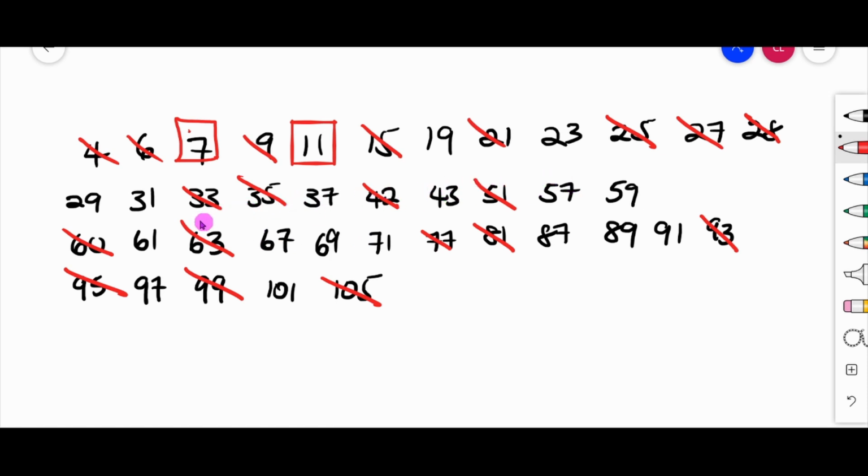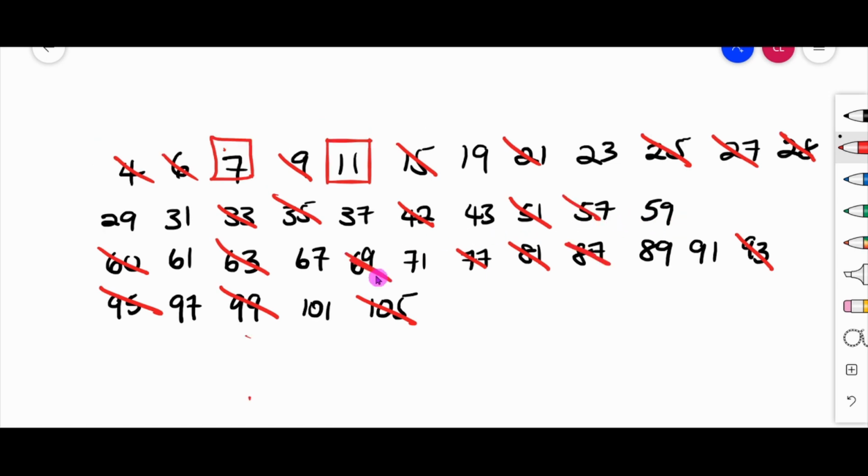Keep the 13. 91 is a multiple of 13. 91 is really 7 times 13. 13 multiplied by 7: 7 threes will give us 21, right? 1 carry 2, 7 1 is 7, so 91 is a multiple of 13. So we have to take out this because it's a multiple of 13. Do we have any more left over?